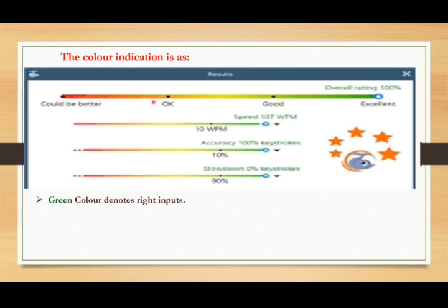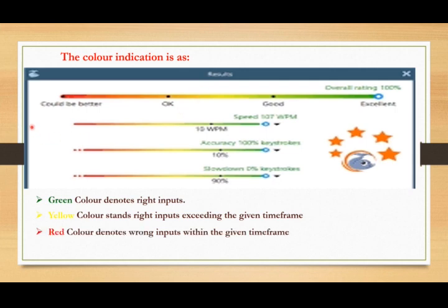Green color denotes the right input, that is, whatever you typed is correct, which is a good result. Next, yellow color stands for right input exceeding the given time frame. You typed the data correctly, but the given time has been exceeded, so it shows in yellow. Next is red color, which denotes a wrong input within the given time frame.